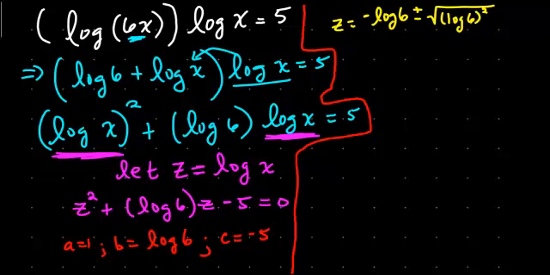So that negative here is going to make everything plus, so plus 20, all over 2a, which is just going to be 2.